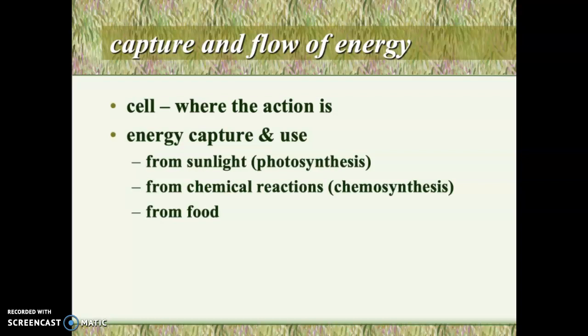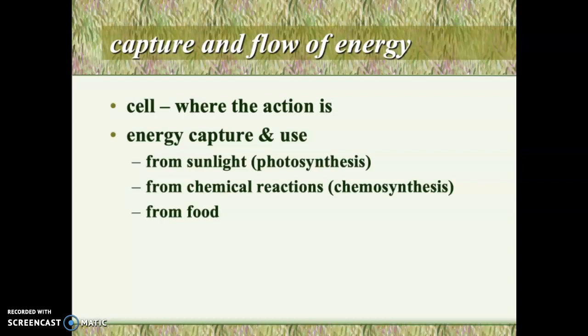So, how does life work? Well, if we come back to this idea of energy, the basic unit of life is a cell. That's where the action is. And cells capture and use energy. Now, they may do this from sunlight or chemical reactions, photo or chemosynthesis.